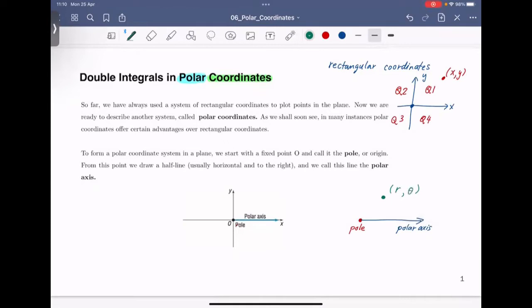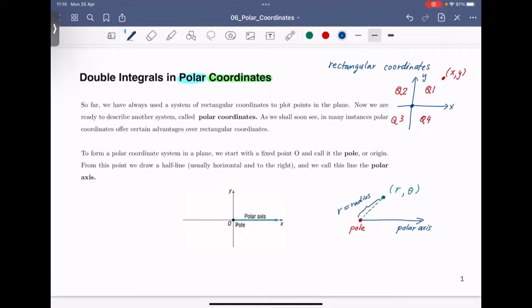How do you measure it? Well, draw a line from that point to the pole. Your r is going to be the radius from the pole up to that point. And then what is your theta?